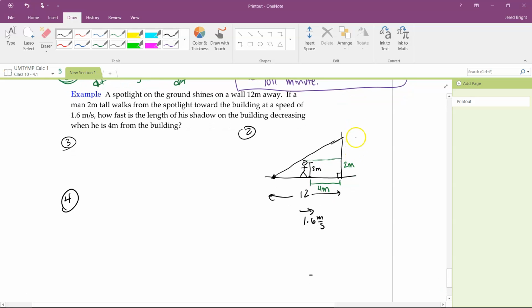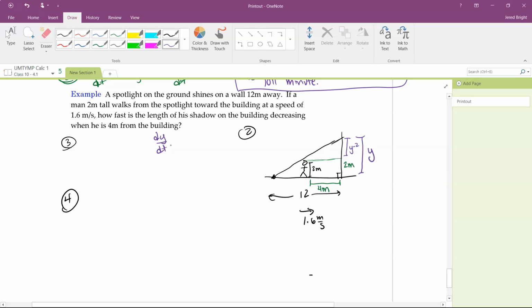So if we call this whole thing y, we don't know the height, but we're interested in how fast the length of the shadow is decreasing, and so that's really looking at this part. This is currently y minus 2, but we're interested in the dy/dt.